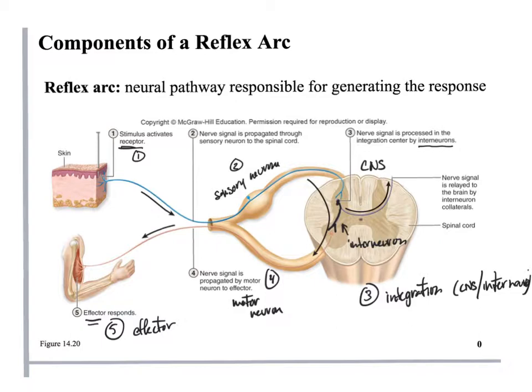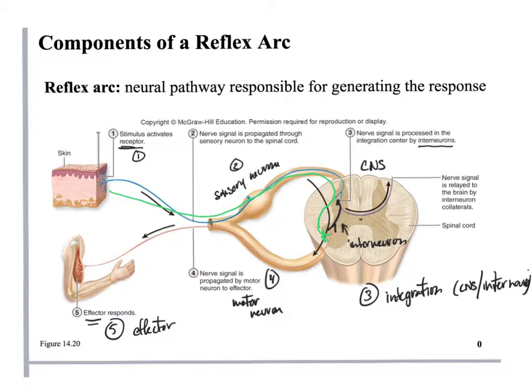So in this case, it went one neuron, second neuron, third neuron. There are some cases where it can just go, and I'll draw this in green. The sensory information can come in and actually terminate right on the motor neuron, bypassing the interneuron, right?